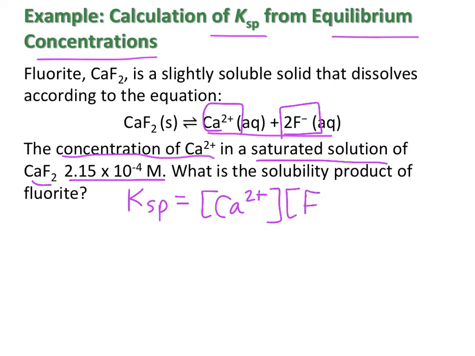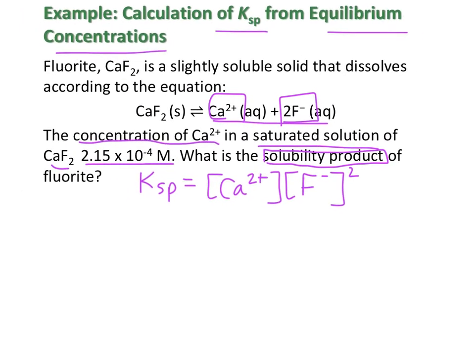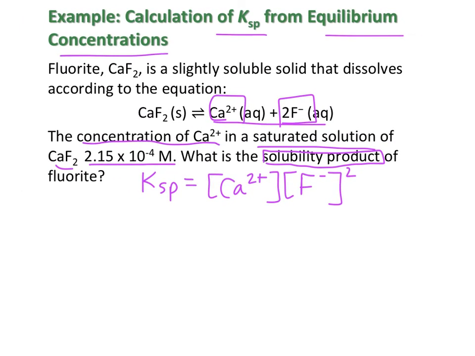And then for fluoride, it's raised to 2. So we have that down, right? Because overall, that's what we're calculating, the solubility product, the Ksp. So we need to establish that first before we start plugging anything in. Now, they tell us that the concentration of calcium is equal to 2.15 times 10 to the negative 4th molar.